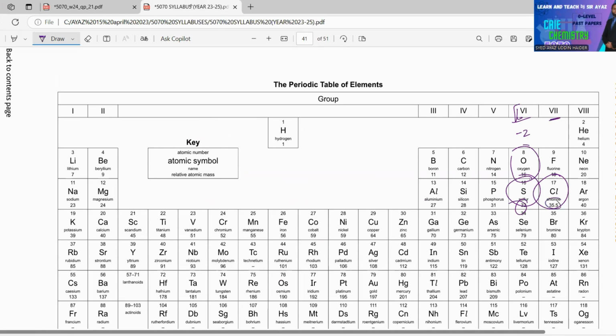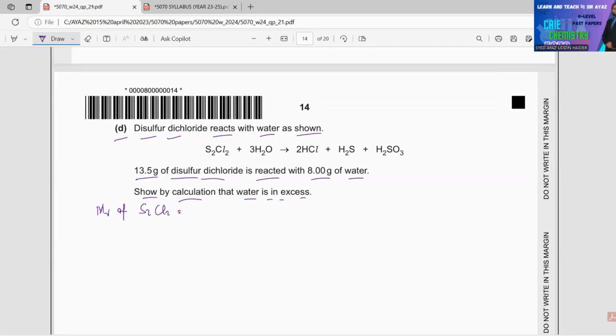For chlorine, it's 35.5. So we have 2 multiplied by 32 plus 2 multiplied by 35.5, which will become 64 plus 71 or 135.